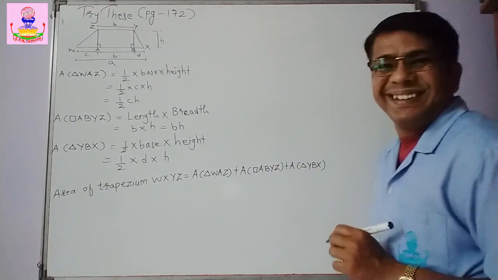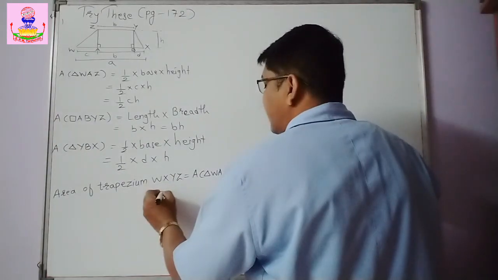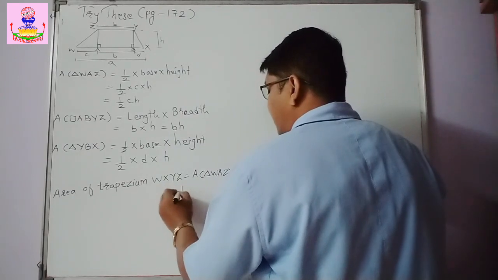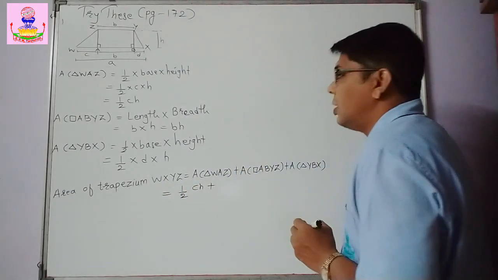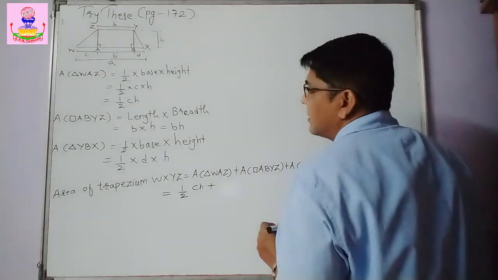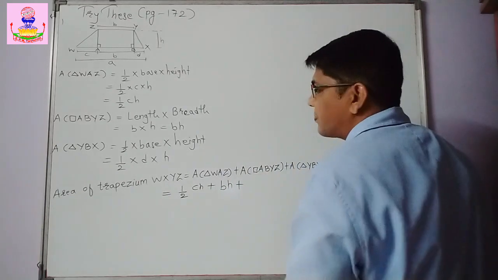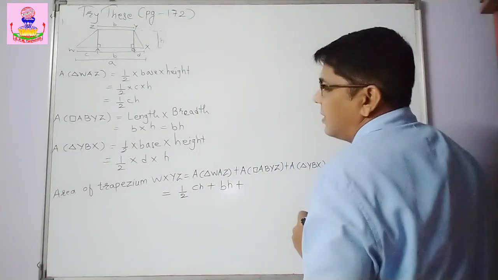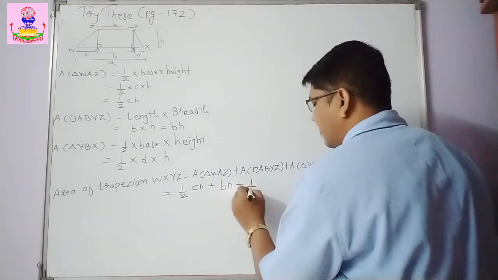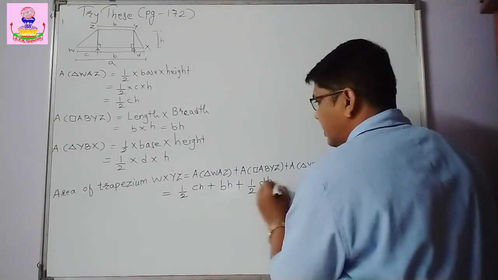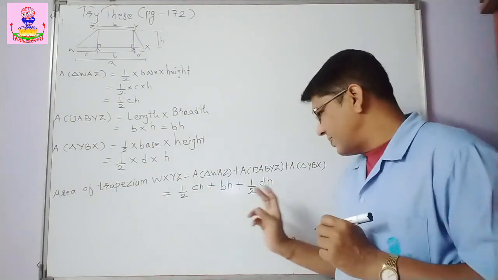Right? Now, what is area of triangle WAZ? That is half ch, plus area of quadrilateral ABYZ, bh, plus area of triangle YBX, it is half dh. Right?